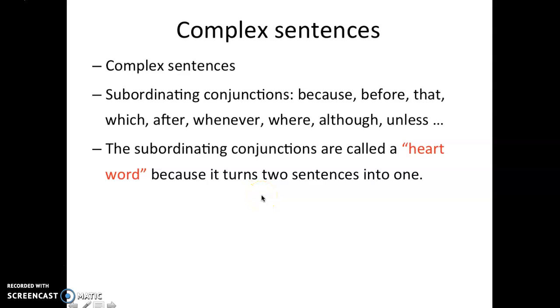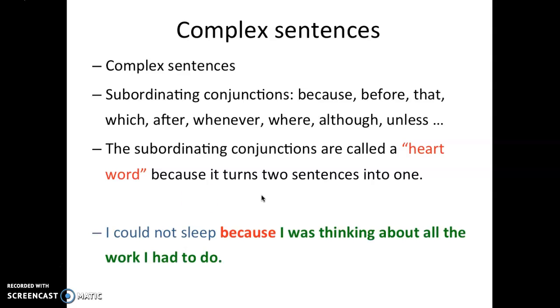So two people, and it brings them together as lovers. Ooh, love is in the air. I don't know. Okay. "I could not sleep because I was thinking about all the work I had to do." So the word "because" here, the subordinating conjunction, puts these two clauses together.